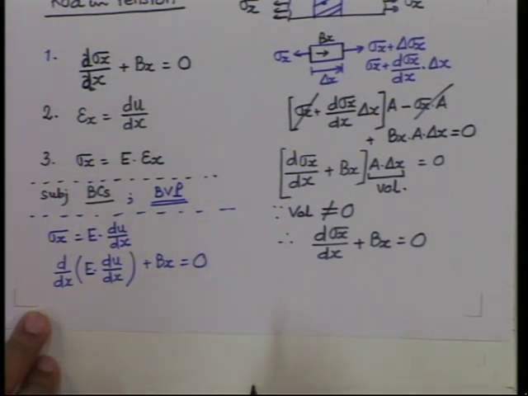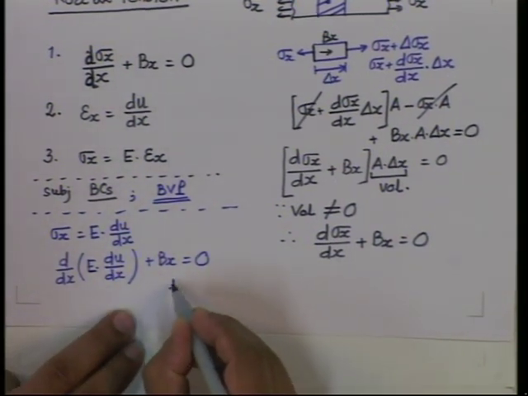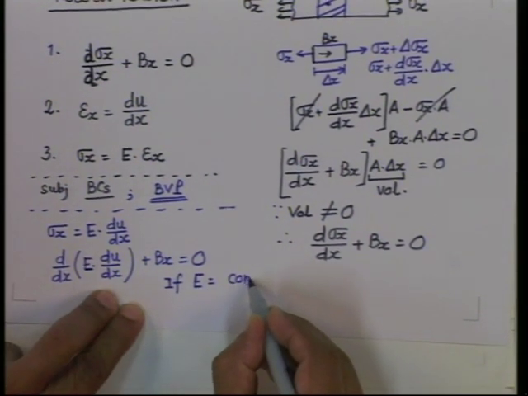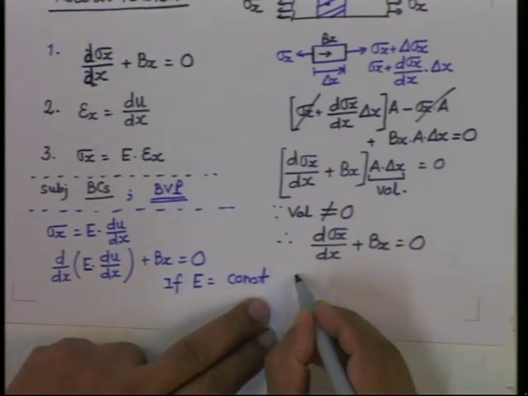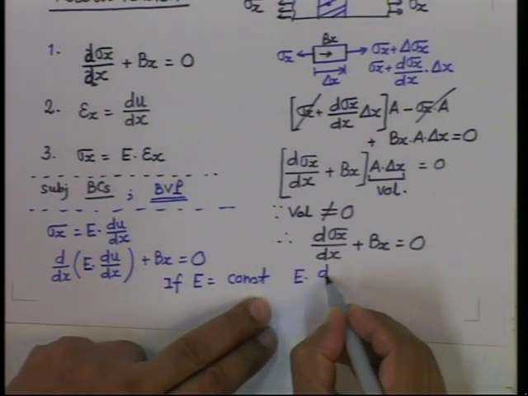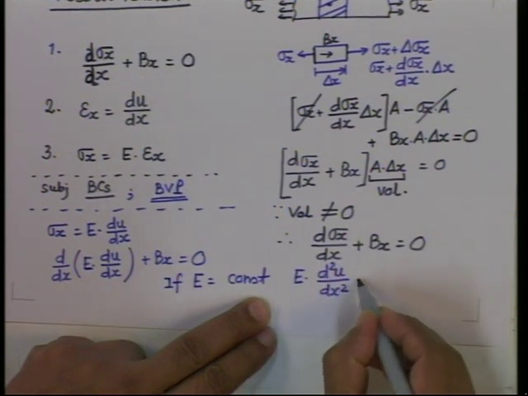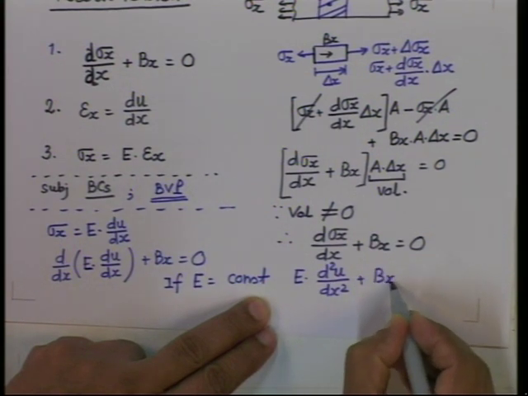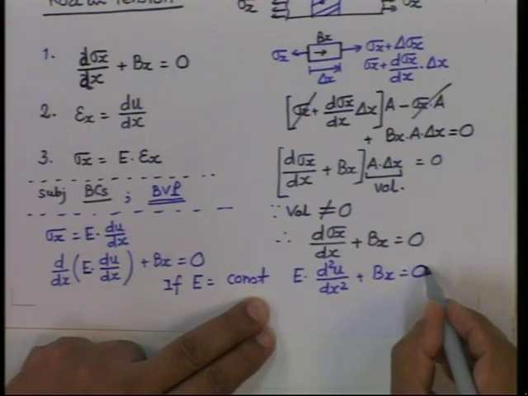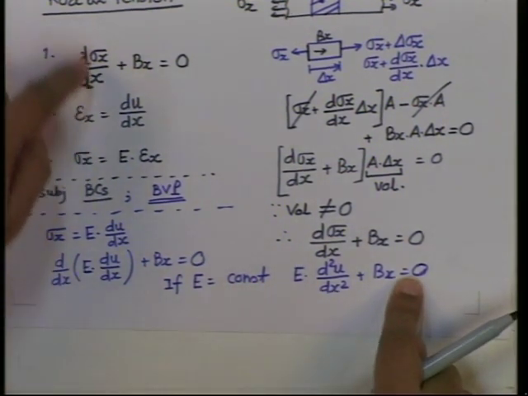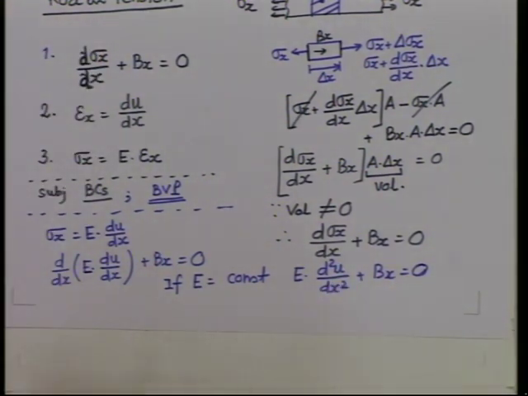But if E is constant, then you get E times the second derivative of u, d2u by dx2, plus Bx equal to 0. This is now a single equation which has come out of these three equations, in terms of only displacement. In terms of displacement, I have got a second order equation.